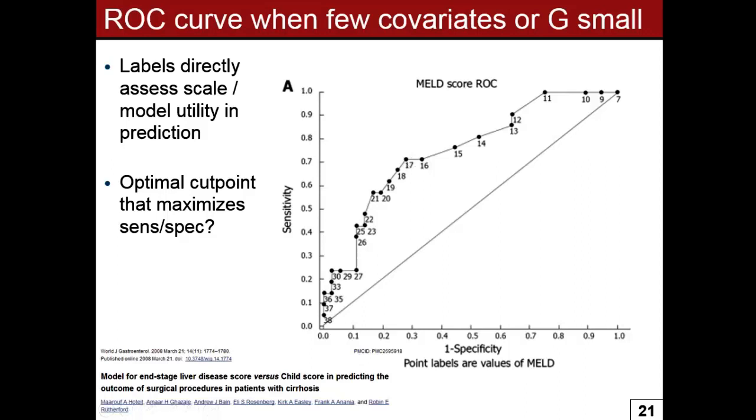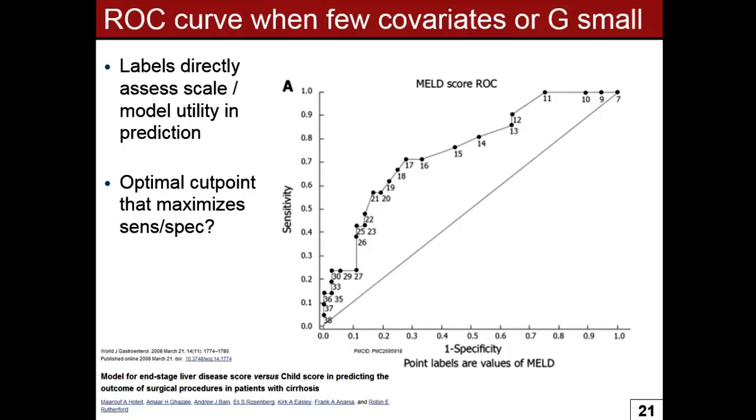If you were going to evaluate this liver disease score scale on a patient and you want to predict their clinical outcome, you would say, well, it's a 38 value scale. What's the right cut point for determining the surgical outcome? You would use a curve labeled by the scale values to determine, 17 is actually the best point at which to make the guess, right? Above 17, you got a problem, and below you don't, or something like that.